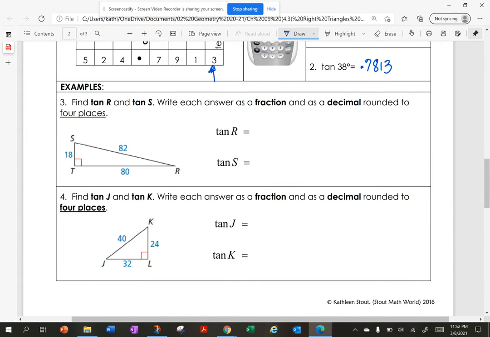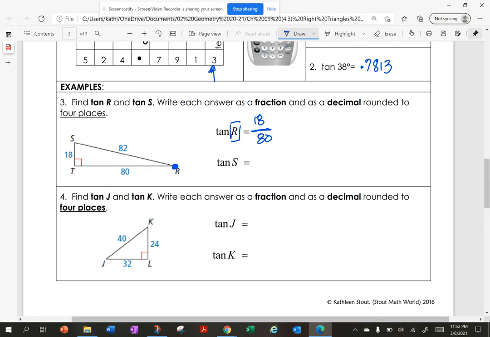So if I have a triangle here, I want to find the tangent of angle R and the tangent of angle S. So if angle R is my reference angle, tangent is opposite divided by adjacent. So opposite is 18, adjacent is 80.